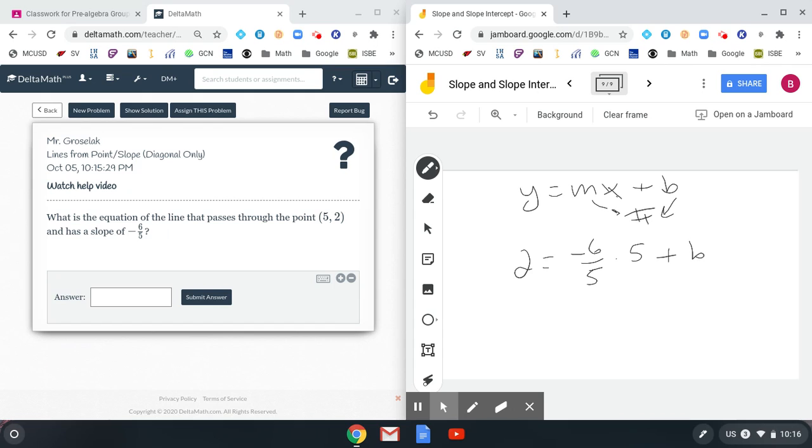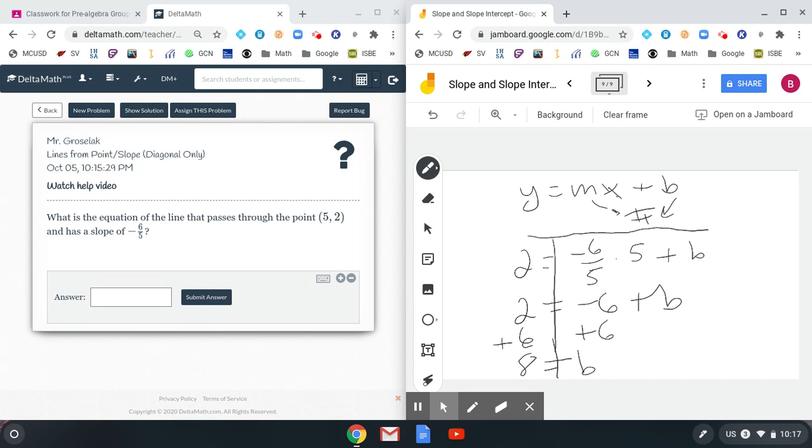Sometimes you're going to need to solve for m using the slope formula. So now I'm going to go through the t-chart and solve. Negative 6 over 5 times 5 makes things really easy. That's just going to be negative 6 and then plus b. So all I need to do is add 6, and I get b is equal to 8.